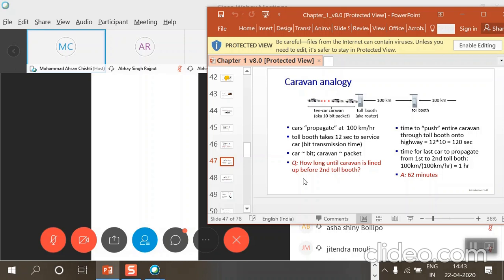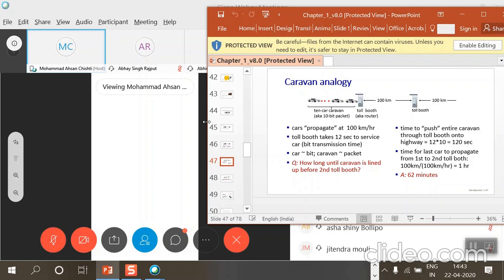See now how these times are analogous. First it has to wait for the entire caravan of cars to come. The time that it would require for the toll booth to push the entire caravan onto the highway would be the transmission delay, right?